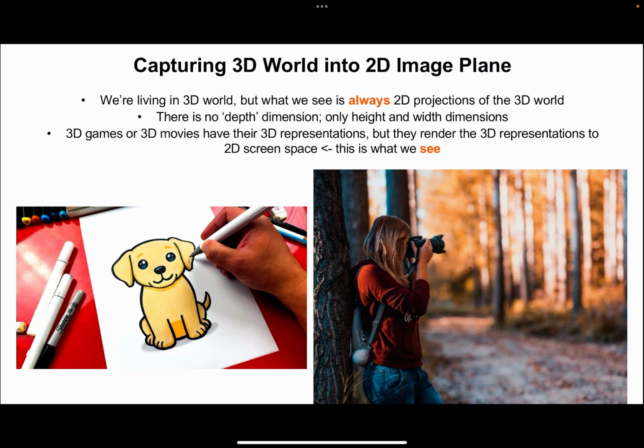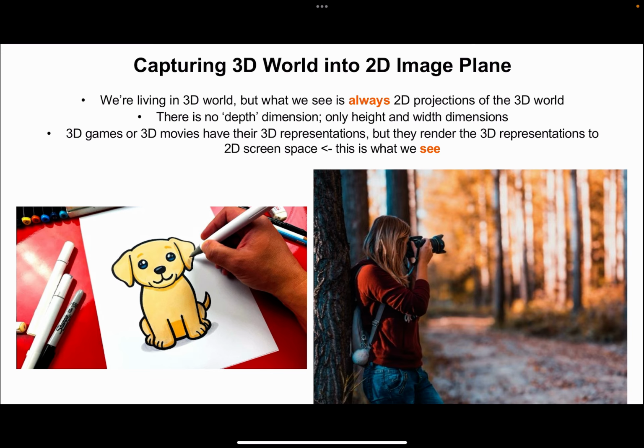What we see through our eyes, through our mobile phone, through our display, in what are called 3D games, and in what is called a 3D movie, all of it is 2D, but where it originates from is 3D space. What we see is always a rendering or projection of such original 3D data.